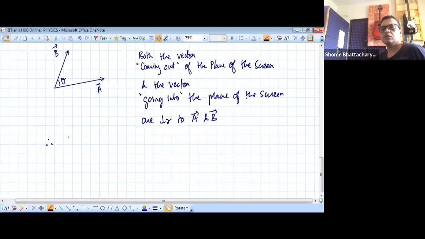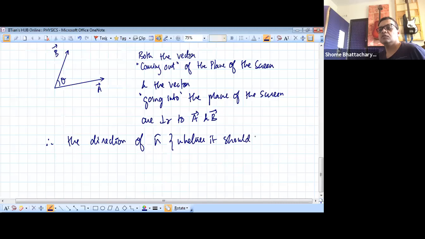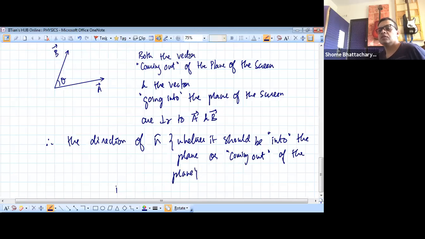Okay, so therefore, whether the direction of n cap should be into the plane or coming out of the plane is determined by the right hand palm rule.